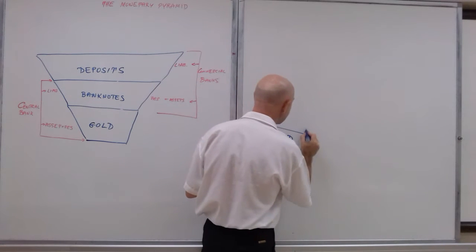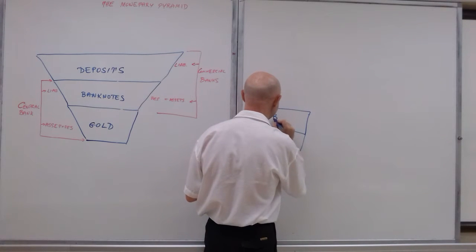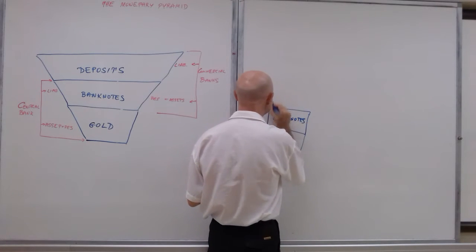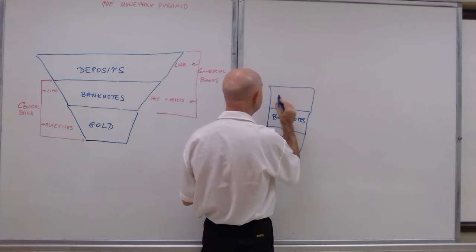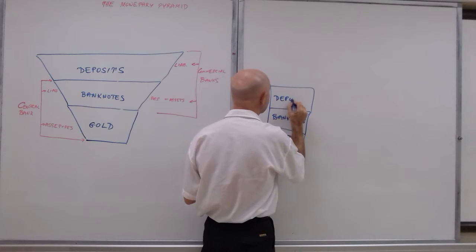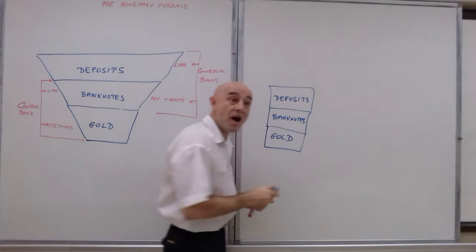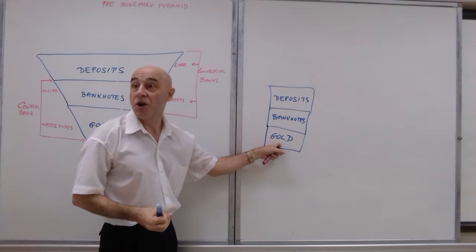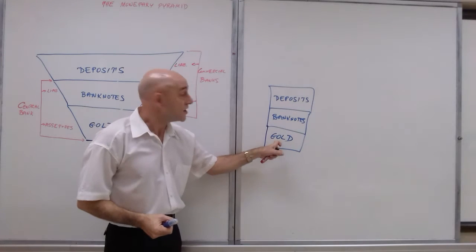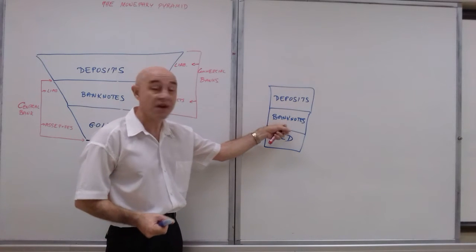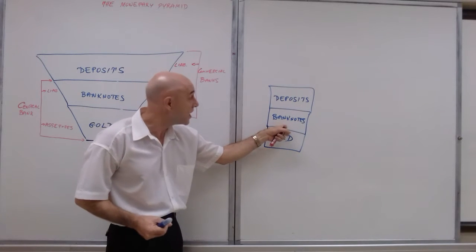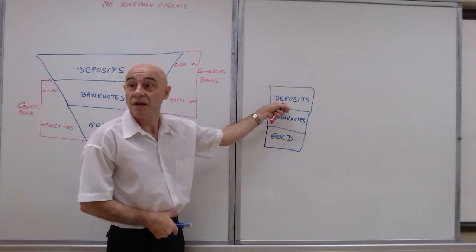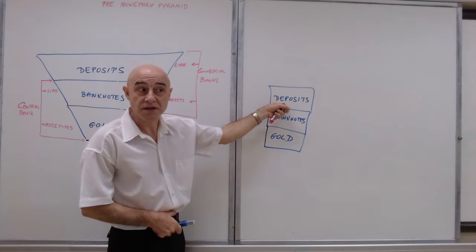On top of gold, you're going to have exactly the same amount of banknotes, and exactly the same amount of deposits. So, if you have, let's say, $1 million equivalent of gold, the central bank will issue $1 million equivalent of banknotes, and then commercial banks will issue $1 million of deposits.